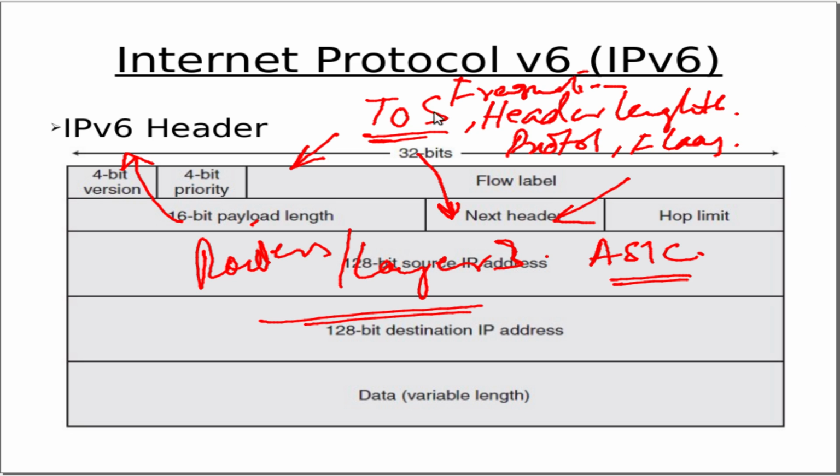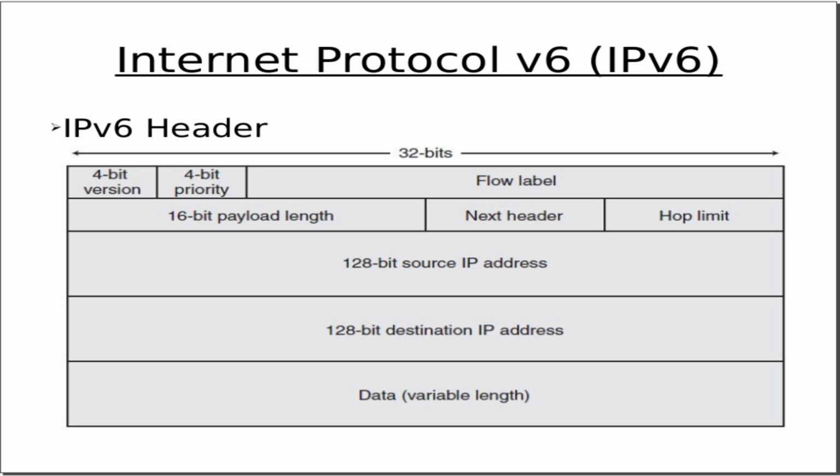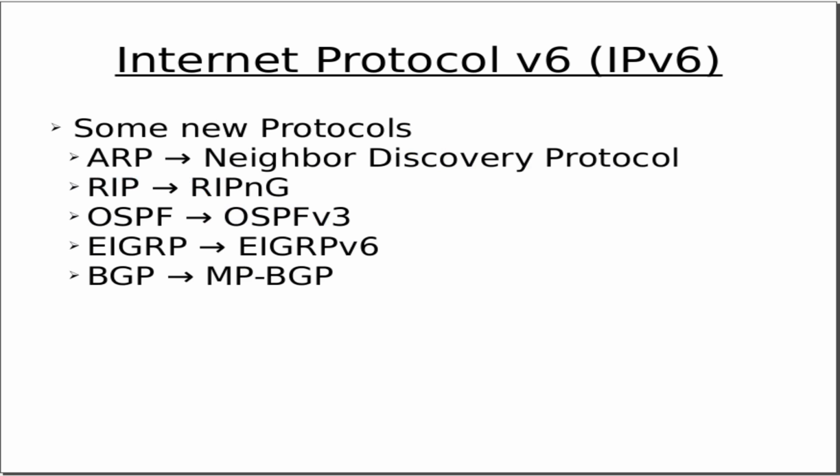Now let's quickly look at some of the protocols that needed to be changed, modified, or extended to support IPv6. If a host wants to communicate with another host on the same subnet, it uses the ARP protocol to find its layer 2 address.